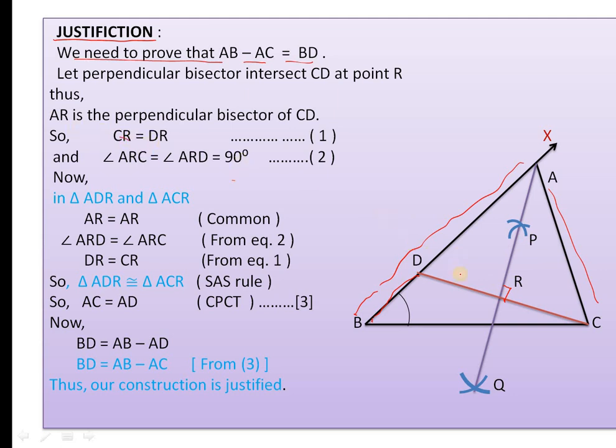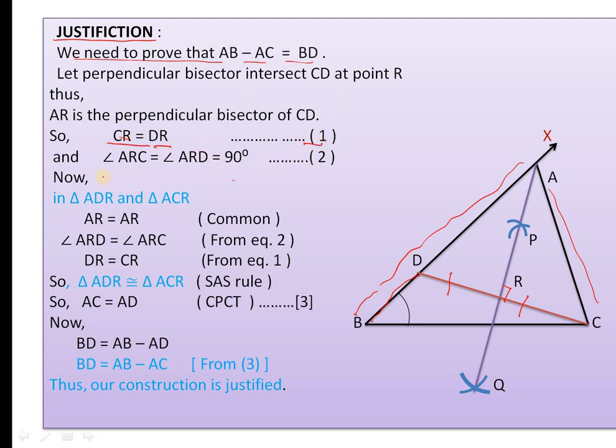So CR is equal to DR because AR is the perpendicular bisector of CD. So DR is equal to CR.